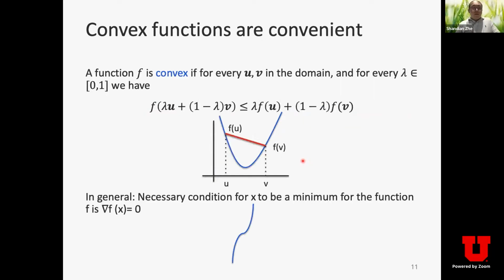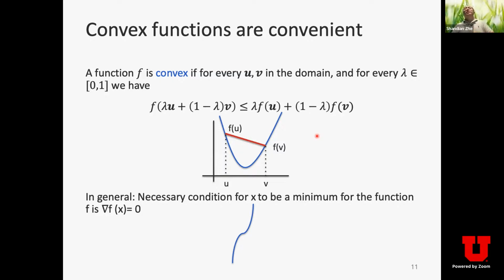Okay, so in general, if you want to do optimization, if your function is continuous and differentiable, and you want to maximize or minimize the function, we know that if we find a maximum or minimum, the gradient must be 0, right?